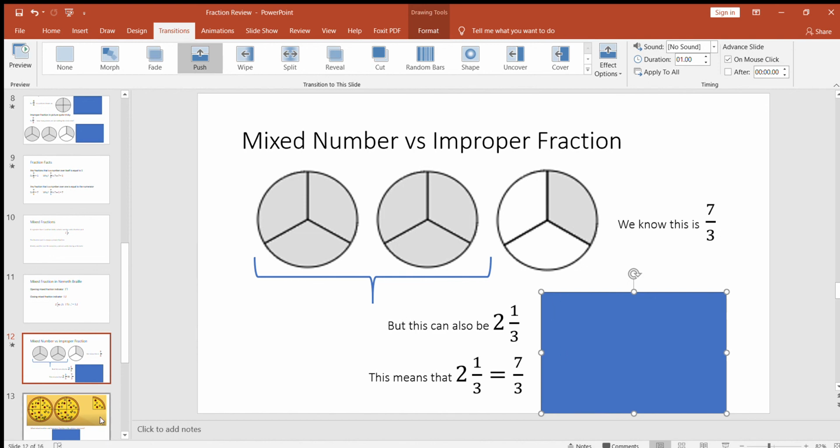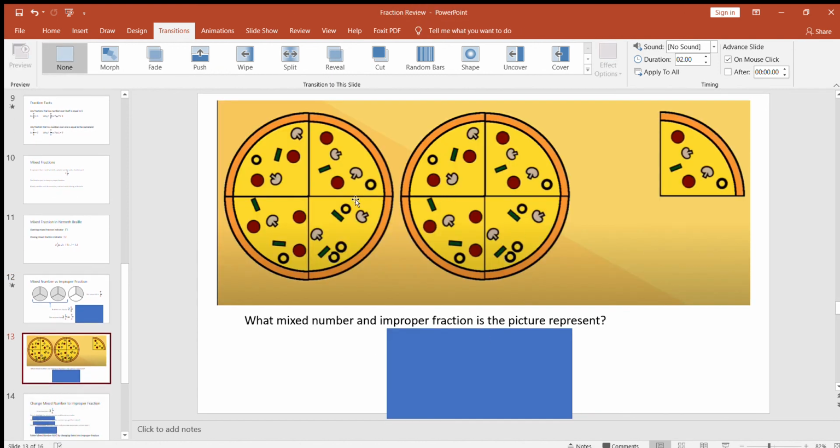Now let's have another example, if you didn't get it. Imagine this: we have a picture of 2 whole pizzas. Both of them are cut into 4, and then we have a 1/4 slice of pizza. Now my question is, what are the mixed number and the improper fraction represented in the picture?